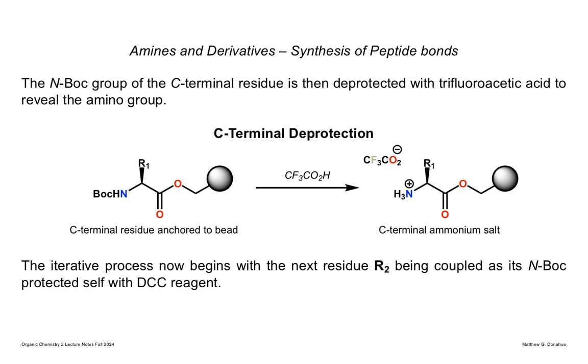So you have your beads. Essentially what's going to happen is it adds trifluoroacetic acid in there. It has an aging period to remove the Boc group. Now you have your free amine. And then you can add your next residue R2 through peptide coupling.